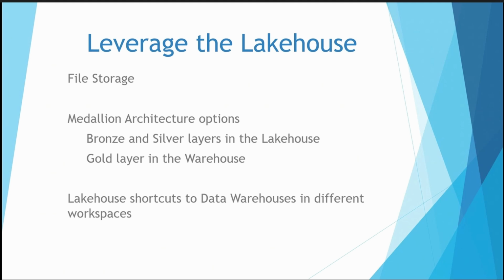So if I've got data warehouses in different workspaces, maybe a workspace for sales, a workspace for accounting, a workspace for marketing, and I need to bring those together, what I can do is create one lakehouse and put shortcuts to those different warehouses in that lakehouse.